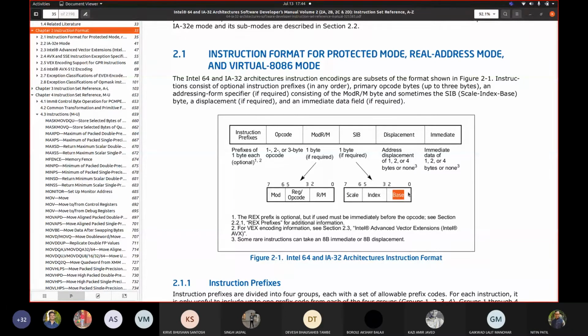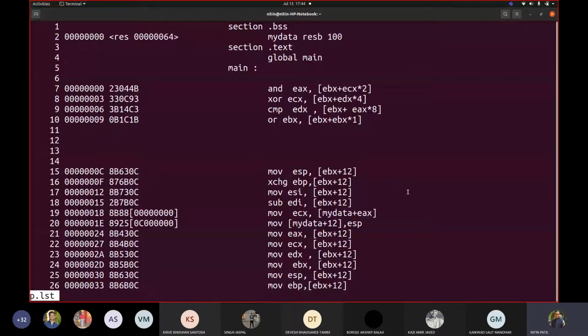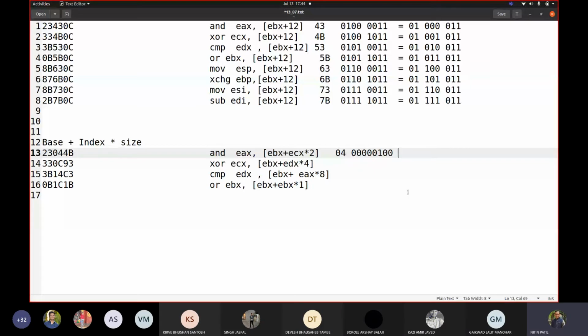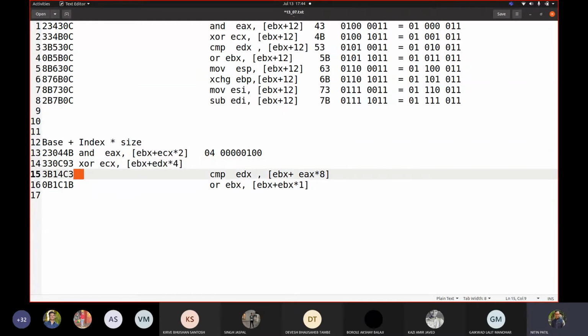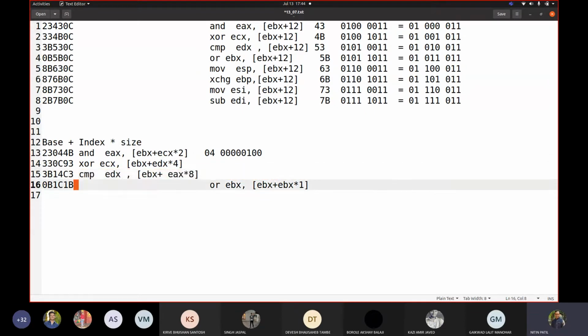Now let us try to see the translation. I am not talking about the scale index byte yet. We are talking about that mod only. It will require some space, that is why I am creating some space for us to write. Okay, so we got this mod.